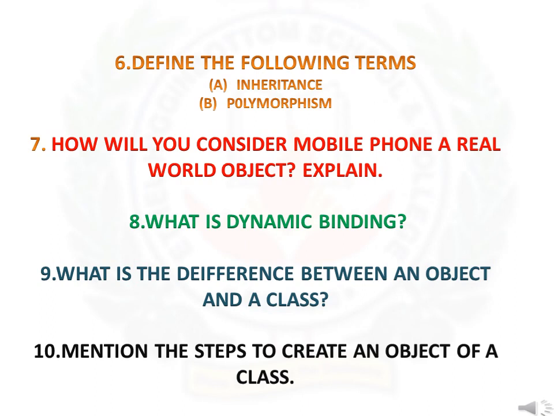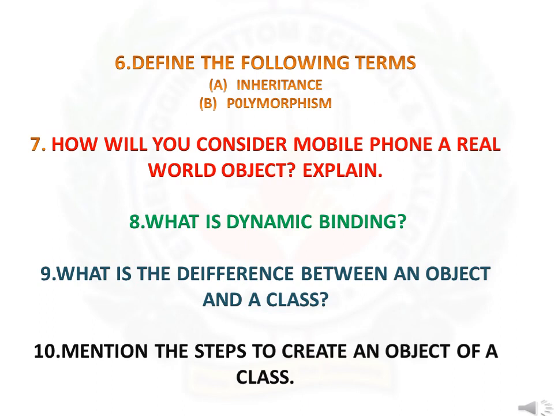Seventh question, how will you consider a mobile phone a real world object? Explain. You write the characteristics of the mobile phone and the behaviors of the mobile phone. So mobile is a real world object, and you have to write the characteristics and behaviors and explain. Question number 8, what is dynamic binding?